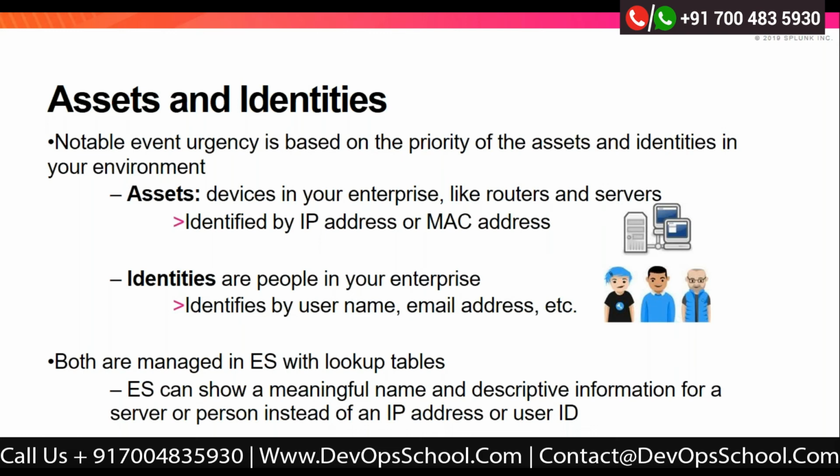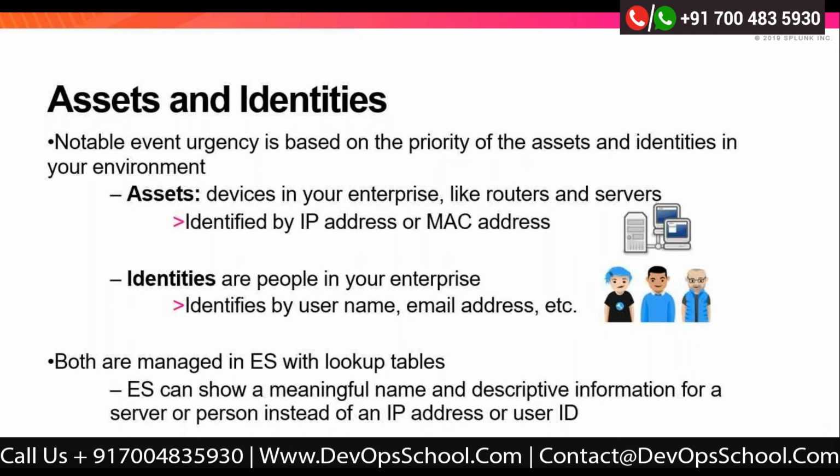Assets are devices, like routers, servers, or a machine host. And identity can be people. They can be identified by username, email address, or field aliases, name aliases. These two will provide us with the severity.